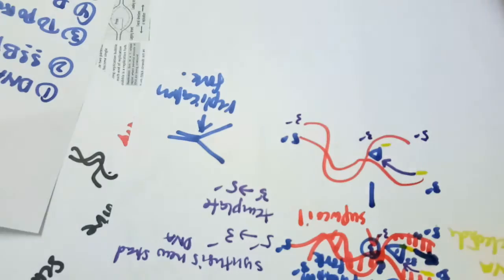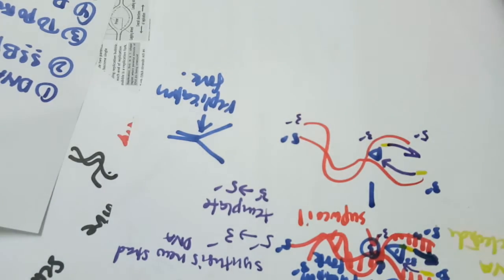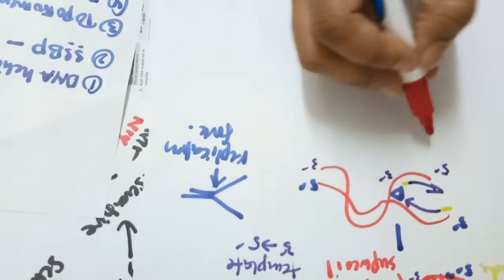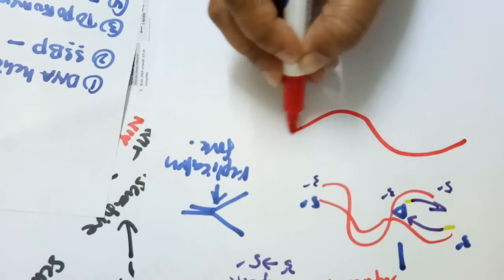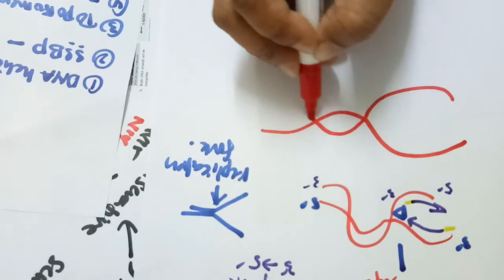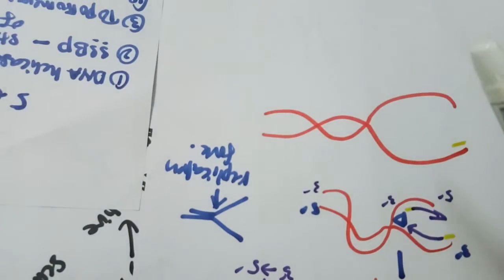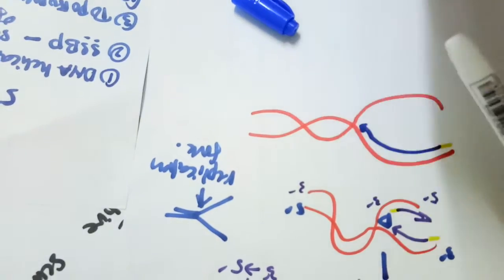Here is 5'. Let me enlarge this part. So this one just uses one RNA primer and moves towards the replication fork.